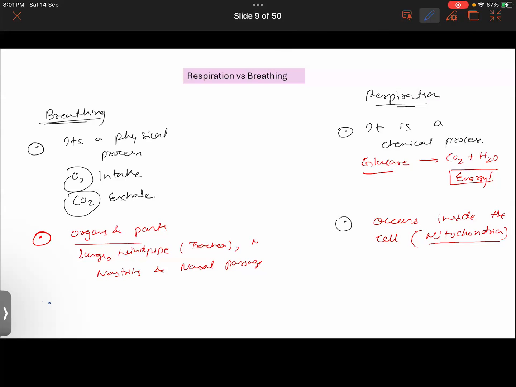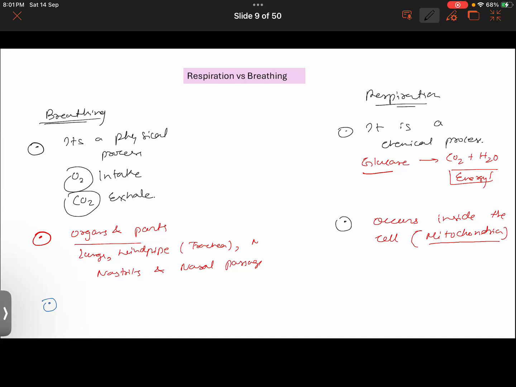In the process of breathing, is there any release of energy? Is any energy being released in the process of breathing? Do you get energy after breathing, or do you get energy after eating the food? We get it after eating the food, no? Yeah, exactly.